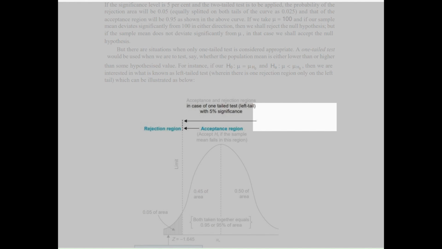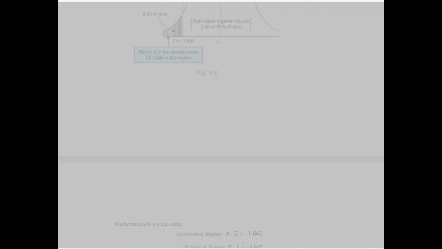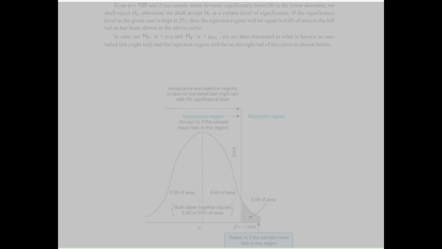Pause the video to look at the figure. Mathematically, we can state acceptance region A, Z > -1.645, rejection region R, Z < -1.645. If μ = 100 and if our sample mean deviates significantly from 100 in the lower direction, we shall reject H0, otherwise we shall accept H0 at a certain level of significance.